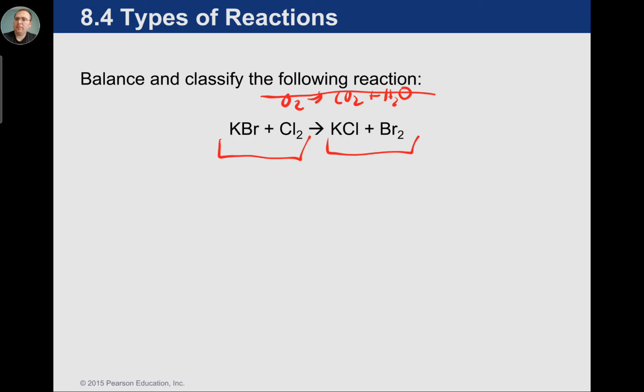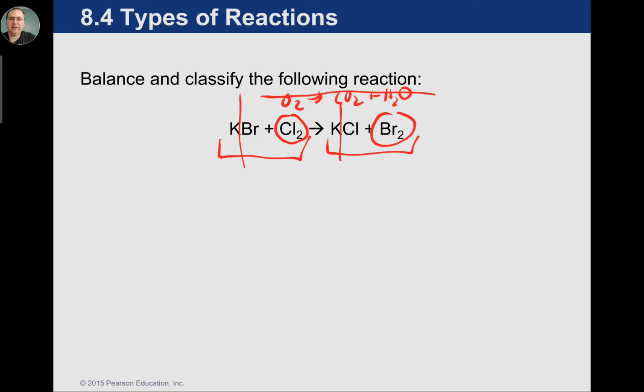So most times students worry about this group of 4, having 2 things before, 2 things after, but we already know that it can't be O2, CO2, and water because it's not. Doesn't match at all. So then we look at it, we see that K has a partner with Br. Cl is by itself. It happens to be diatomic, but it's still by itself, no metal partner. Here we see potassium with a different partner, and then bromine by itself. Even though it's diatomic, that's just because of its valence electrons.